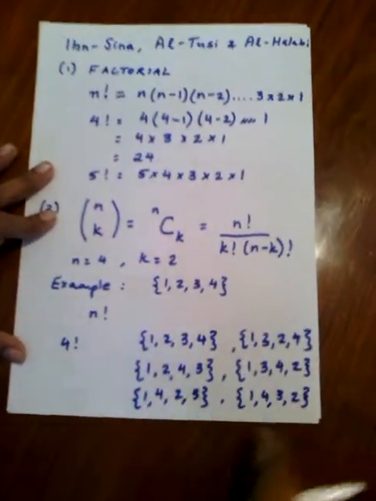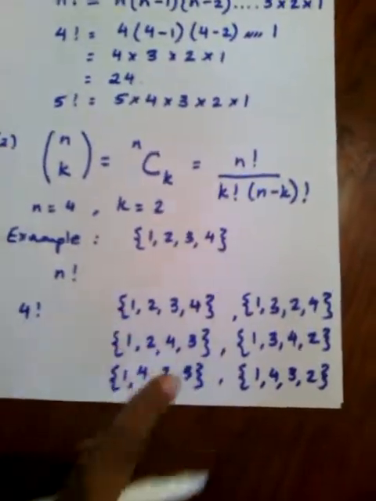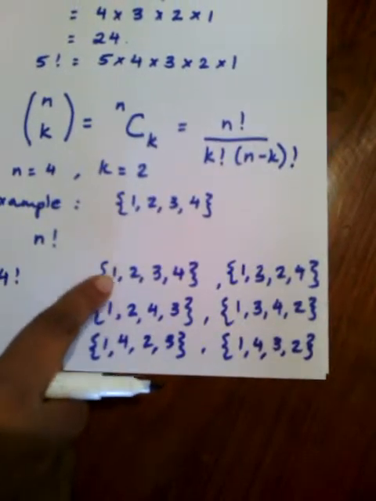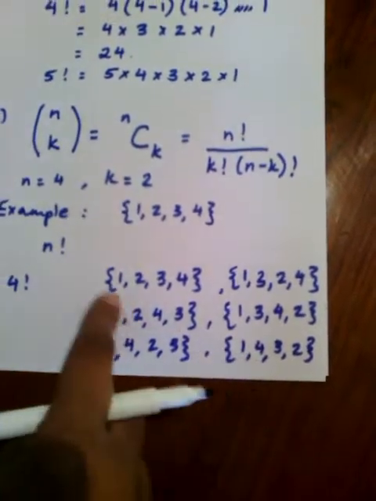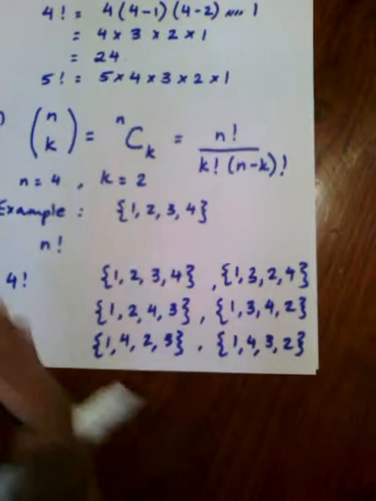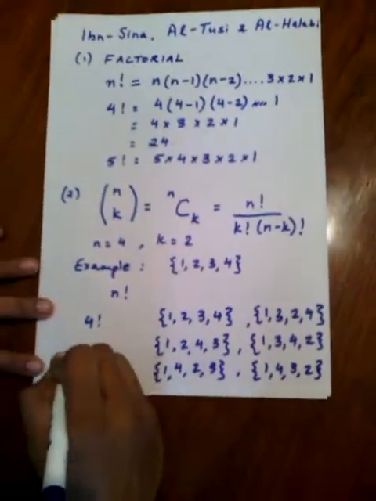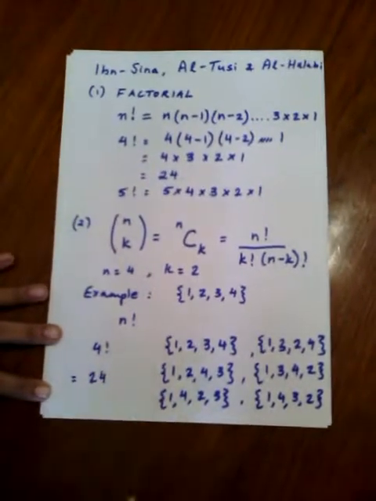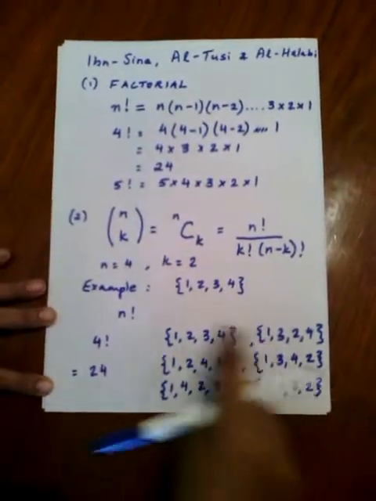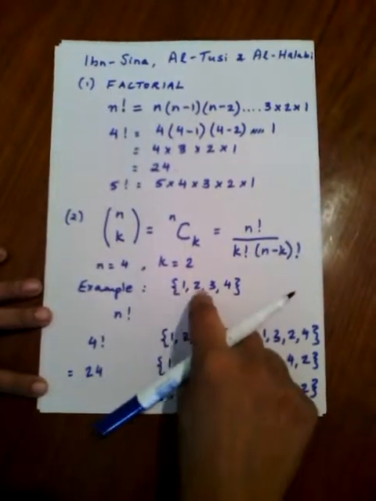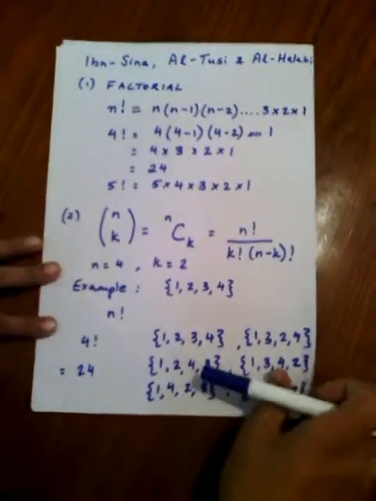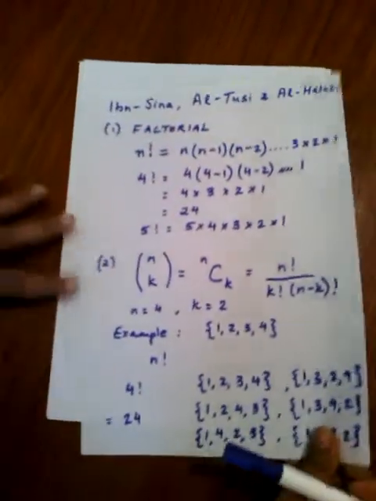So you can see 6 combinations by just keeping 1 in its place. And if you do that to each of the numbers, there'll be 4 times 6, which is 24 different ways of writing 1, 2, 3, 4.